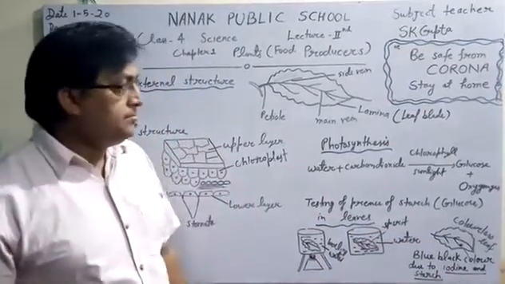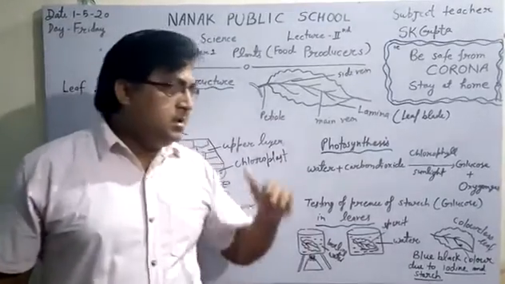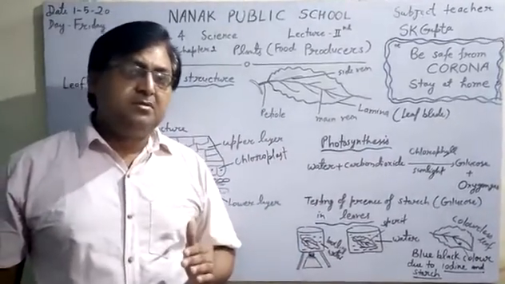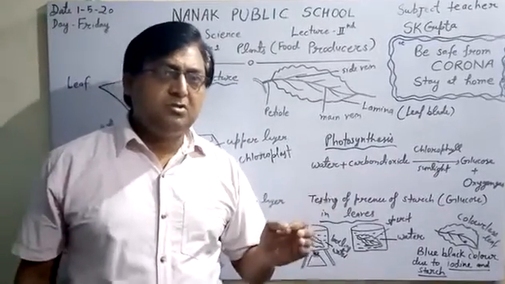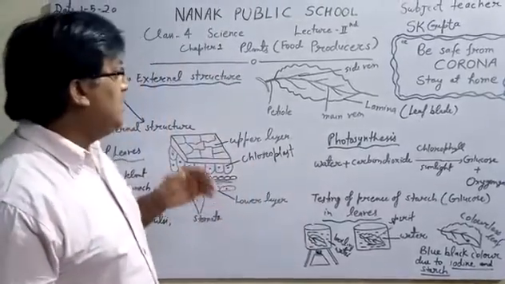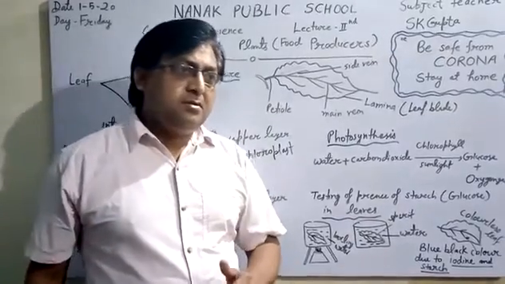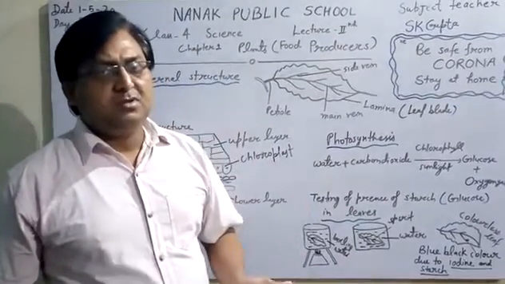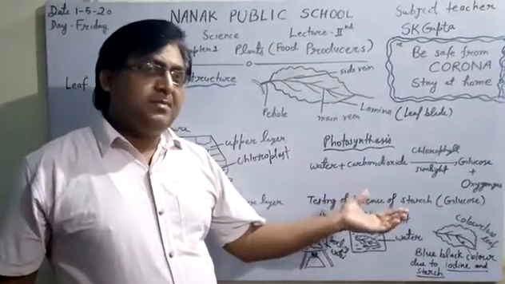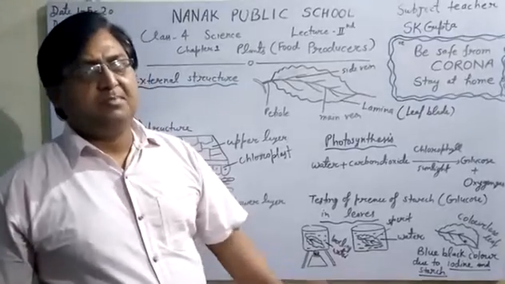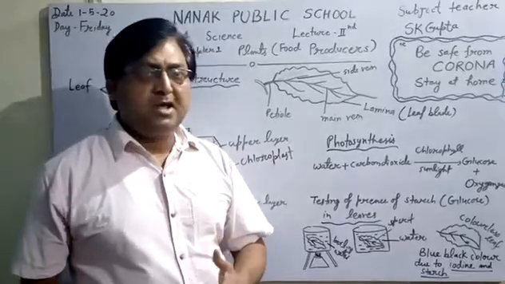Dear students, on the basis of this lecture, you have to learn it and solve your exercise. Some questions you have to solve, like: What is a leaf? Which pigment is present in the leaves due to which leaves are green? Why are green leaves called the kitchen of the plant? What is chlorophyll? What is chloroplast?